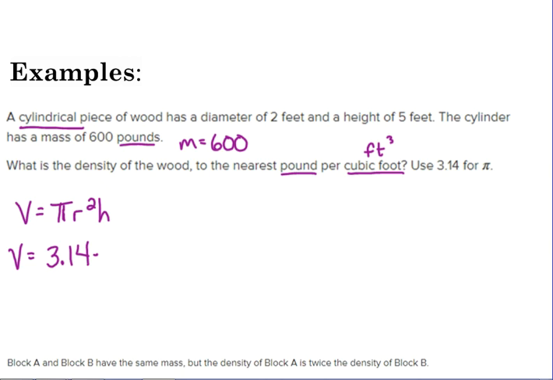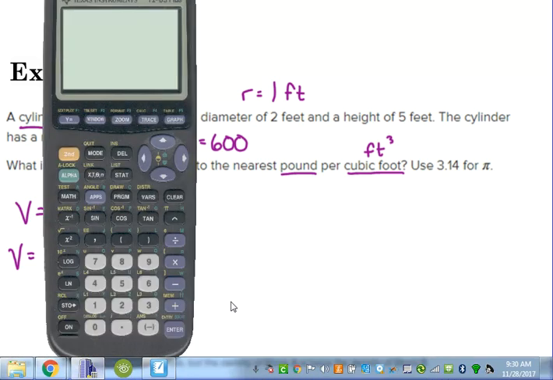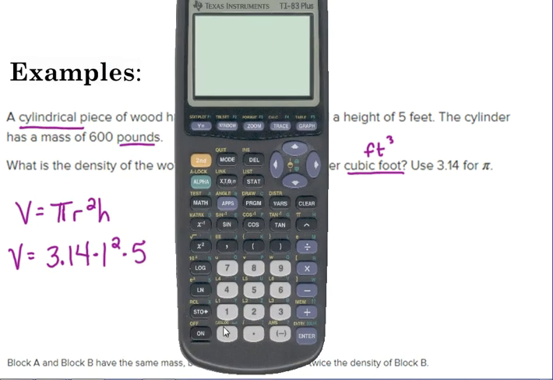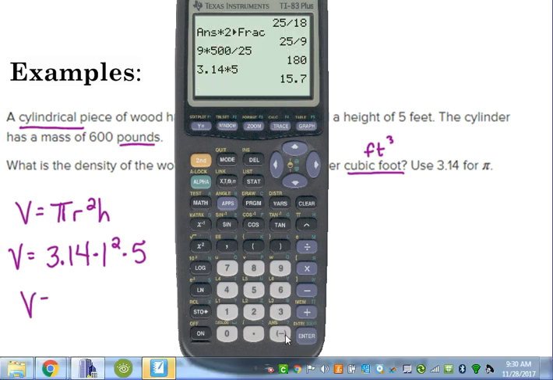So if we know the diameter, the radius is half of it, right? So if the diameter is 2, the radius is 1 foot. So that's 3.14 times 1 squared times the height. They gave us the height. That's 5. So then we just need to crunch those numbers. 3.14 times 1 squared is 3.14, times 5. So our volume is 15.7.